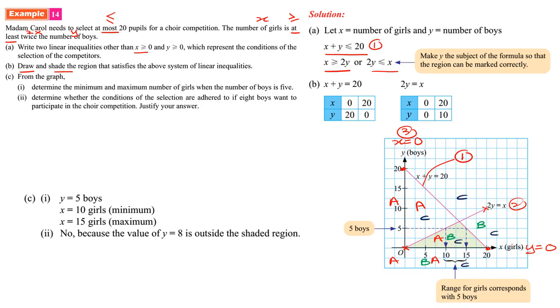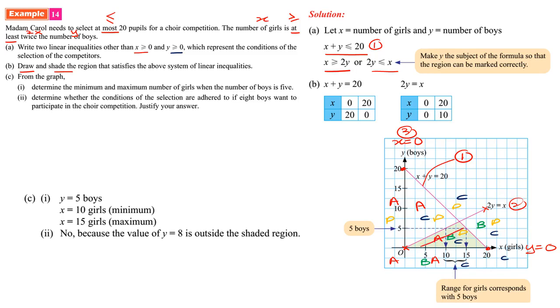And the last one is y greater than or equal to 0, the region above the line, above the x-axis, so we mark it as D. So the common region is here.